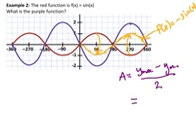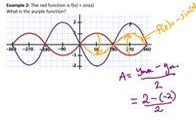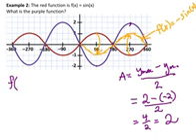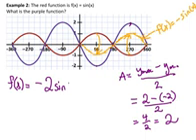The highest point on the purple function is 2, the lowest point is -2. 2 minus -2 divided by 2 gives me 4 over 2, which is 2. So the amplitude of that purple function is 2, but it's also a reflection, so it's a -2. That means my equation for the purple function must be -2 sine of x. So that reflection in the x-axis is the negative, and it's stretched out by 2.